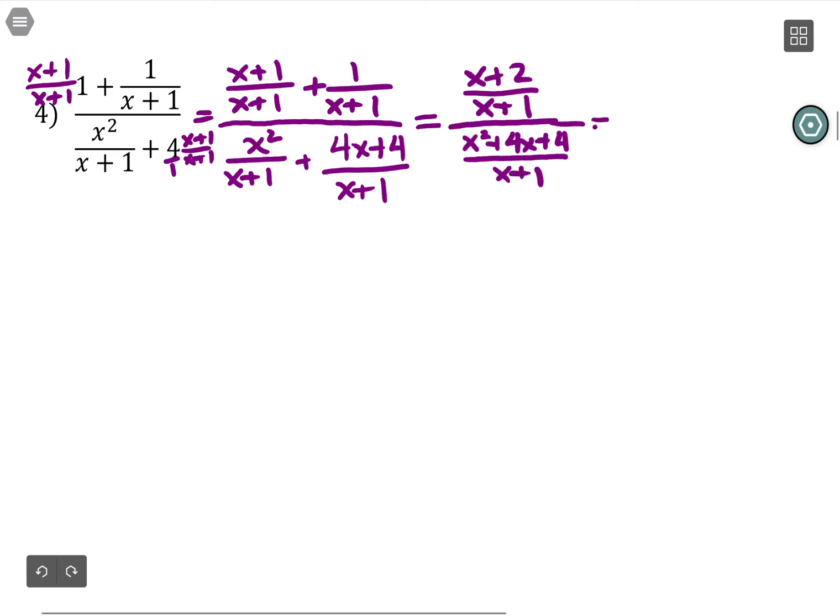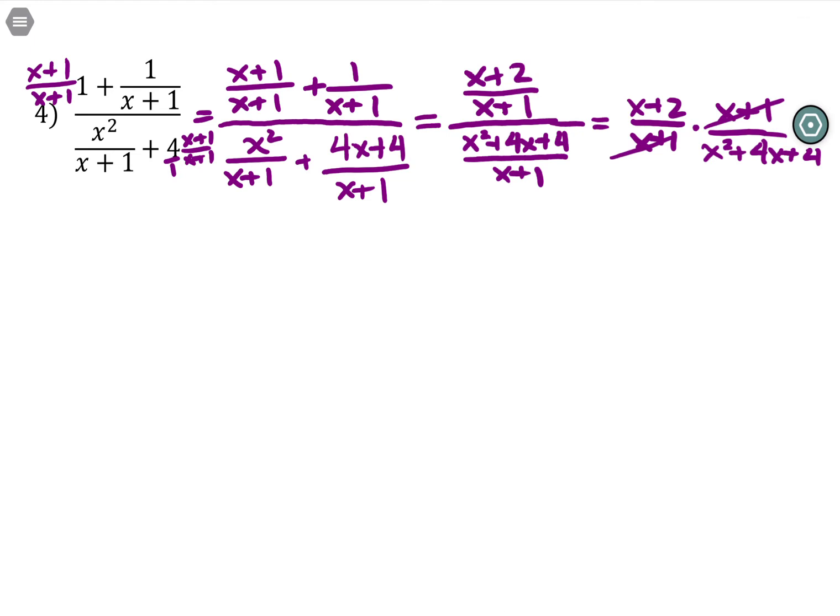Okay, so then we'll flip and multiply: x plus 2 over x plus 1 times x plus 1 over x squared plus 4x plus 4. Okay, so the x plus 1's cancel. That's very nice. And I am looking at that x squared plus 4x plus 4 and seeing that that's actually really nice. It factors into x plus 2 times x plus 2, which is x plus 2 squared. So we also get to cancel an x plus 2.